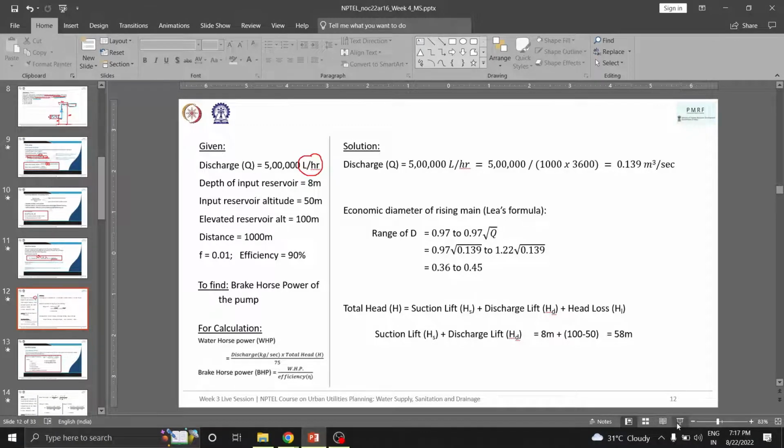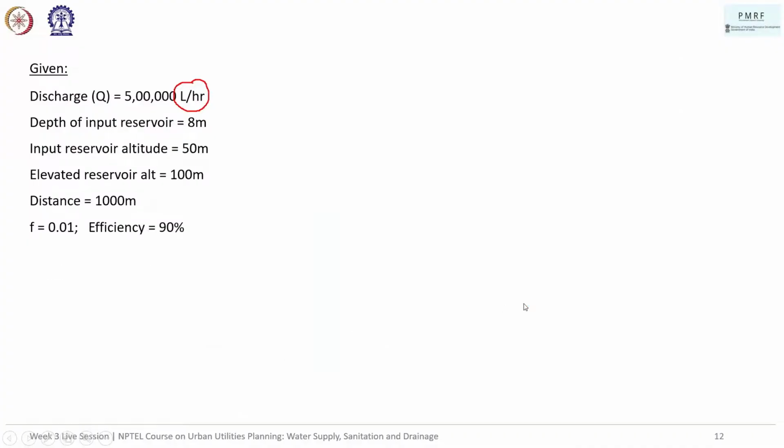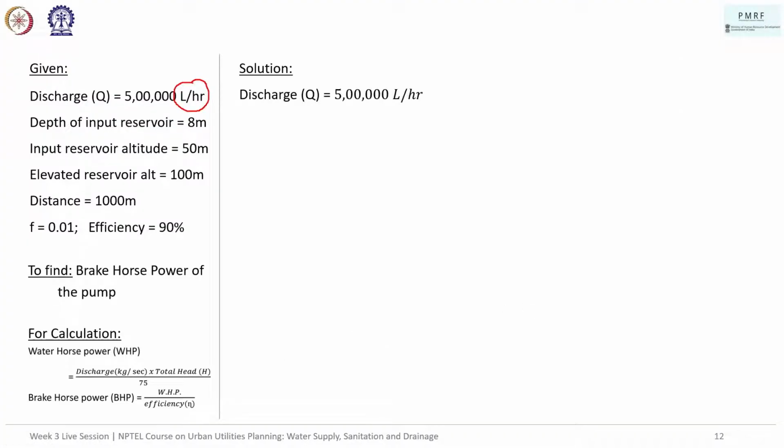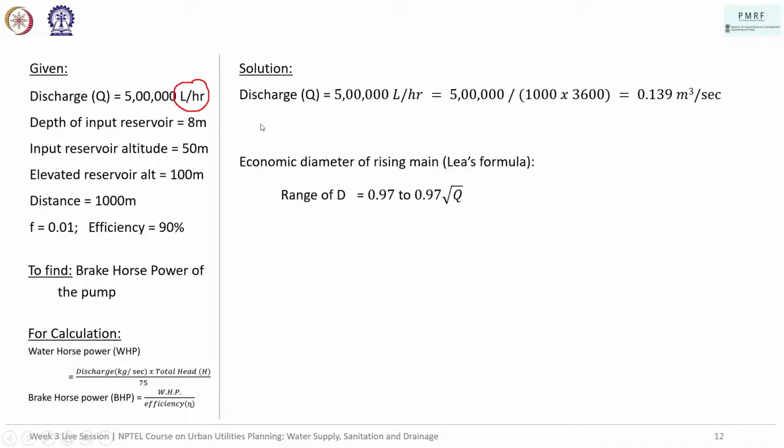So firstly, we're going to convert it from liters per hour to meter cube per second, for which we divide by 1000 because liters to meter cube, and divide by 3600 to make it per second, right? So then we get the value 0.139 meter cube per second. So that is our Q value.